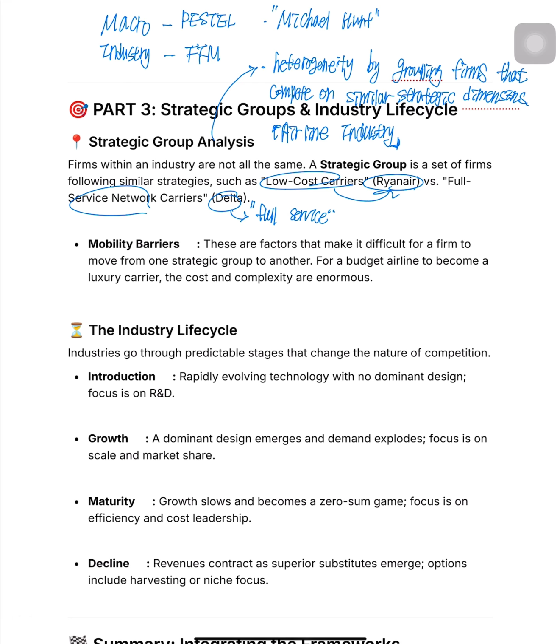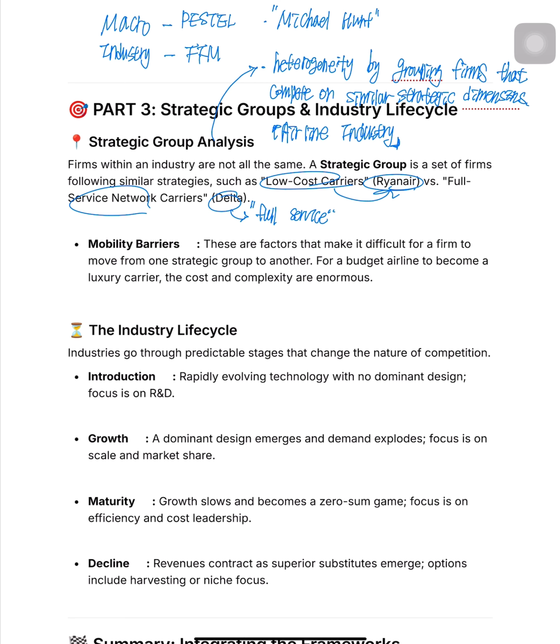You need to choose dimensions that are strategically meaningful, so that they capture real differences in how firms compete, and that are sufficiently independent of each other that they tell different things. And you can create multiple maps using different dimensions to reveal different aspects of the competitive landscape.